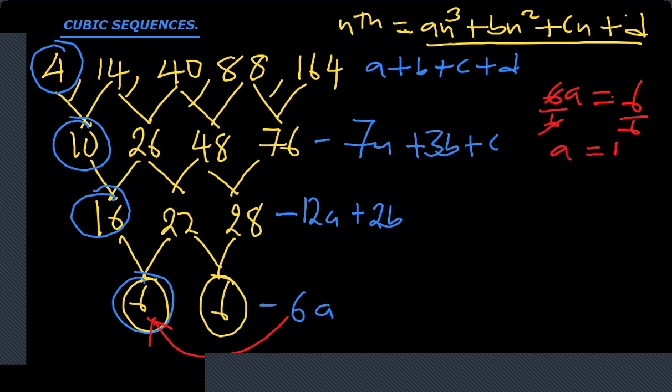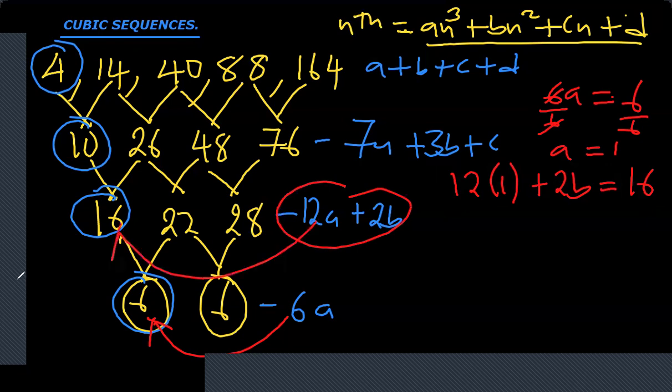Now we take this a and substitute it into the difference of the difference, which is 12a plus 2b. That will be 12 multiplied by a, which is 1, plus 2b, which should give us 16. That gives us 12 plus 2b is equal to 16.